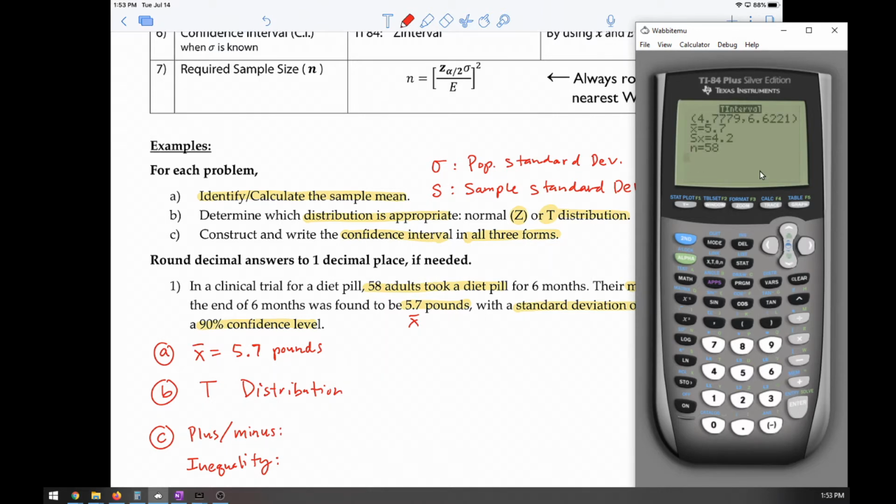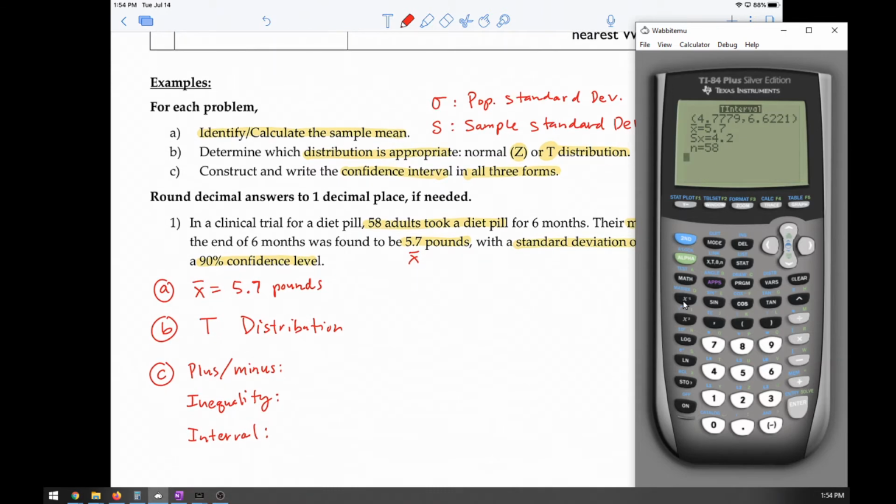All right, so we're going to calculate. The output that we get is in interval form. I'm going to round to one decimal place as the instruction suggests. So in interval form, the confidence interval here would be 4.8 to 6.6.